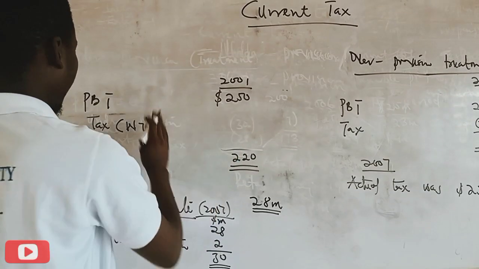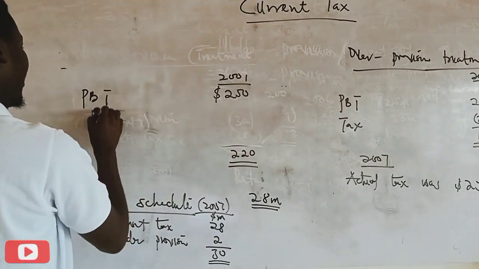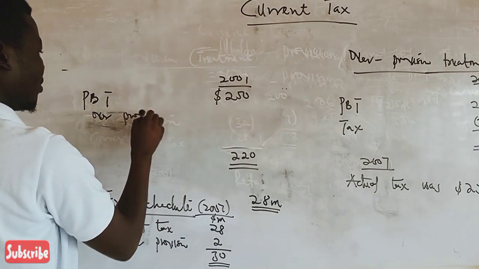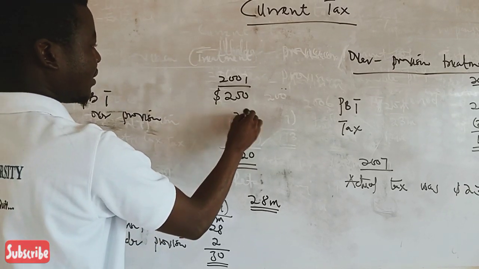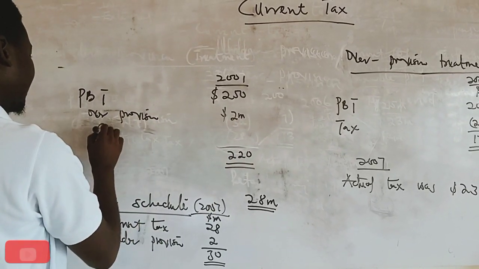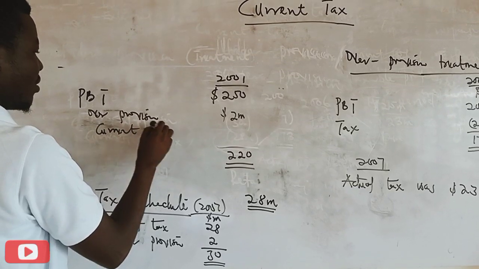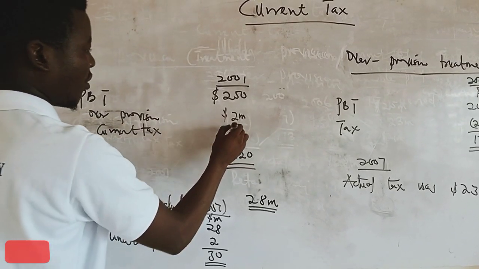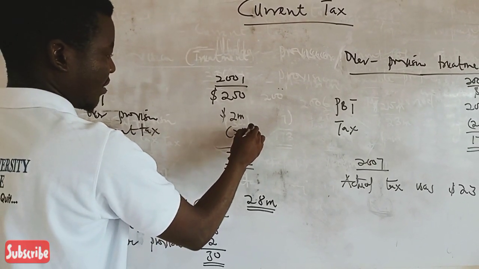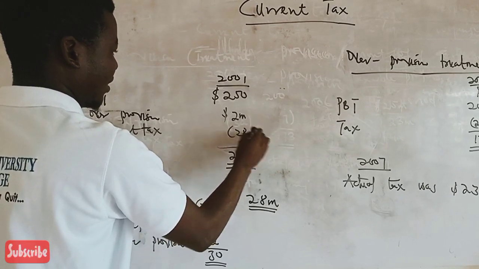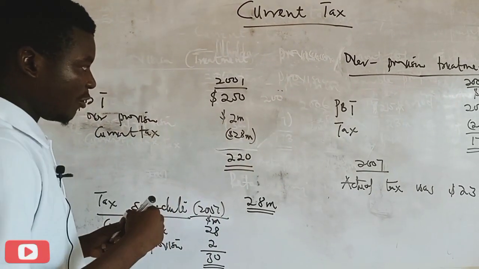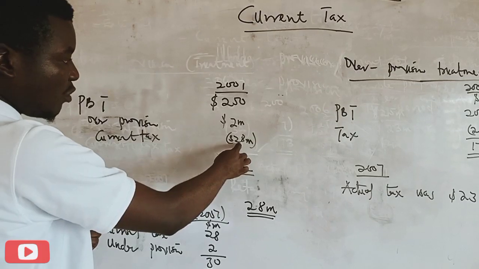So we come and add over provision of 2 million. And we now put the current year tax of 28 million. What is happening? You see that this will then make this one 26.